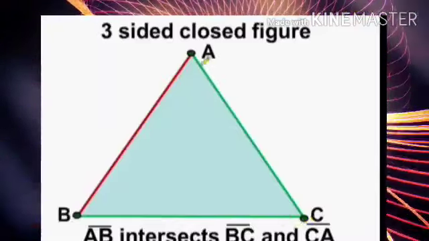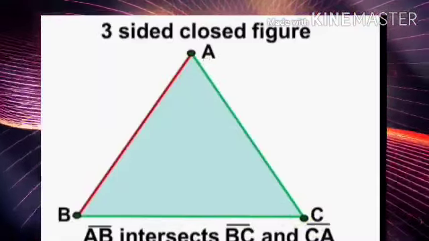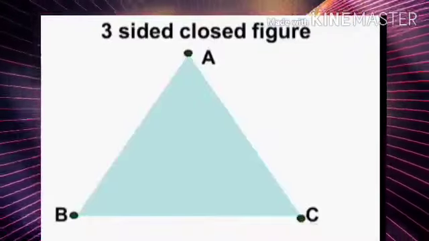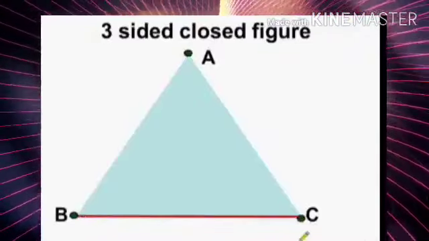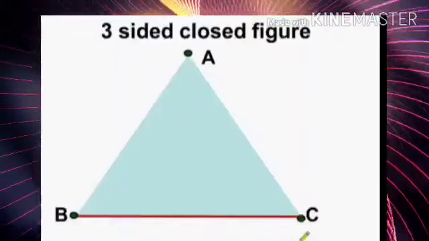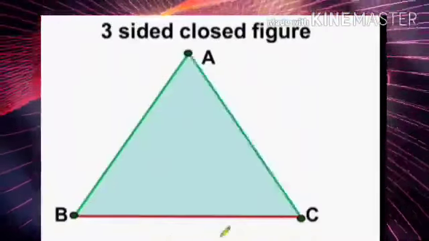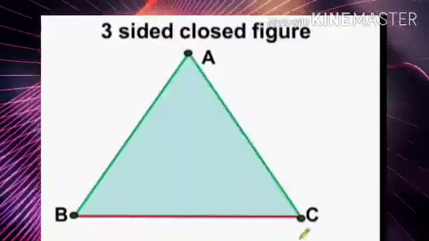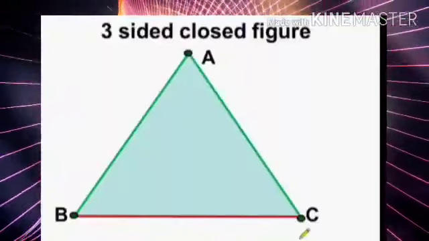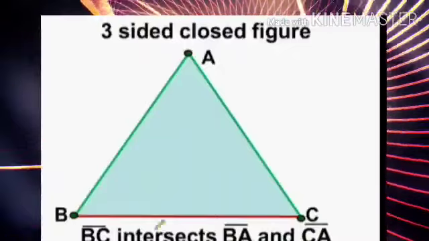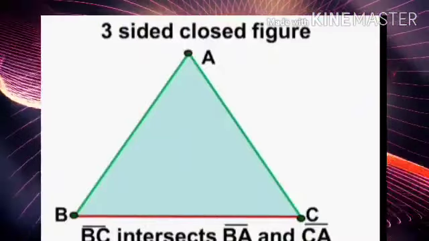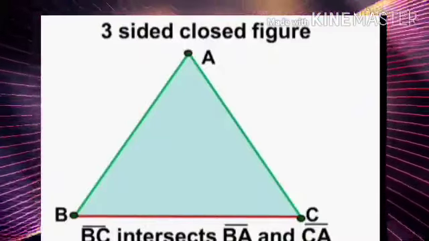AB intersects BC and CA. Now what about the line segment BC? Which other 2 line segments is it intersecting? One is AB and the other one is AC. So BC is intersecting AB and AC, which can also be written as BA and CA.